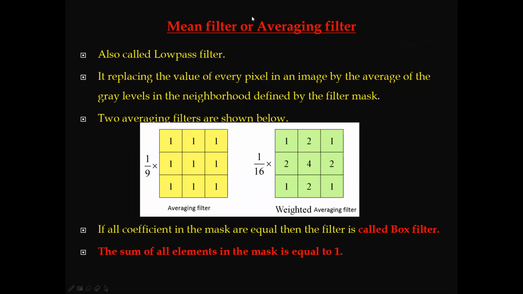Here is the first filter, the mean filter or average filter, which is a linear smoothing filter. The mean filter or average filter is also called a low pass filter. A 3x3 average filter will have a mask as shown in figure A. This 3x3 low pass filter consists of 9 coefficients, and each of the 9 coefficients is 1 by 9.